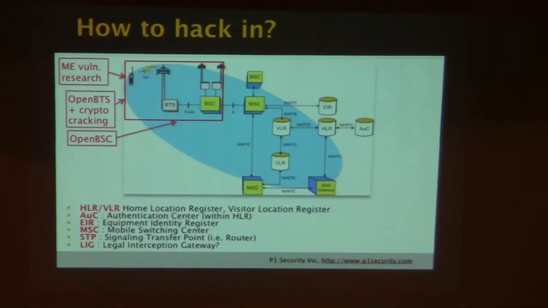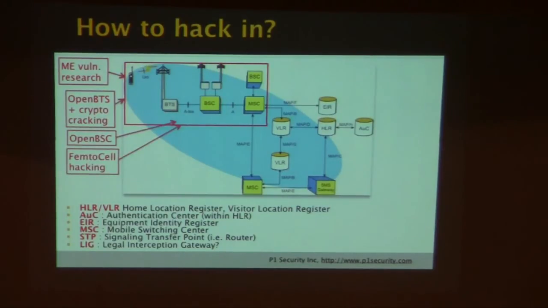So if you pretend to be the network, and if you jam the other network's frequency, and accept any kind of subscriber to connect to your network, then you can from there disable crypto, and forward all the calls to a SIP account so that the person is actually calling. You won't be generating costs for the person, but the person won't notice, and the call goes out in clear. You can do direct eavesdropping. This is the kind of thing that in the old days was only accessible to law enforcement equipment. Now it's something that you can do with open source and, let's say, for less than $500.